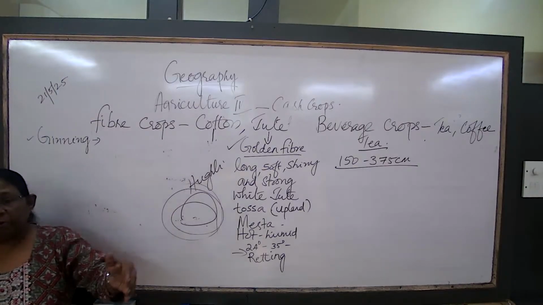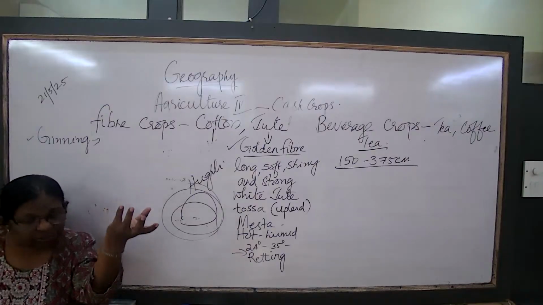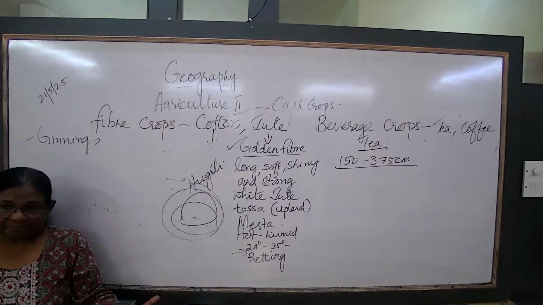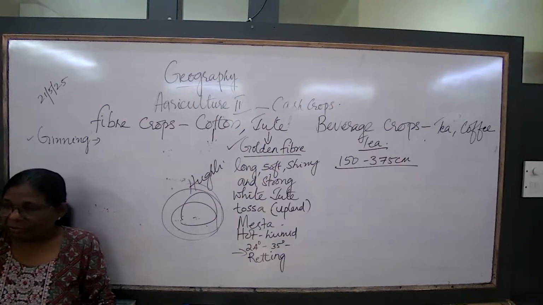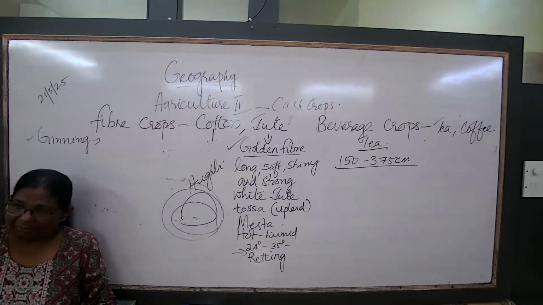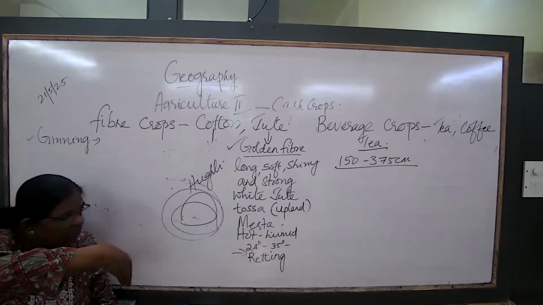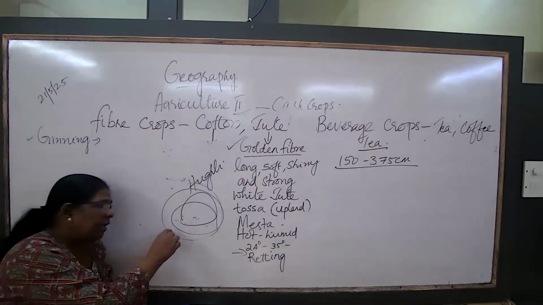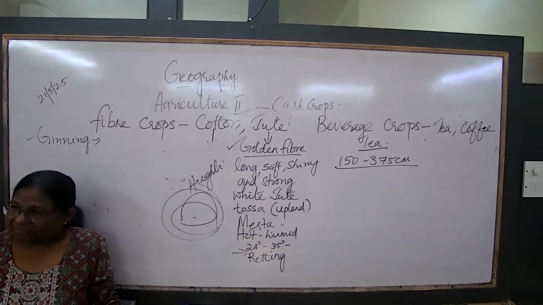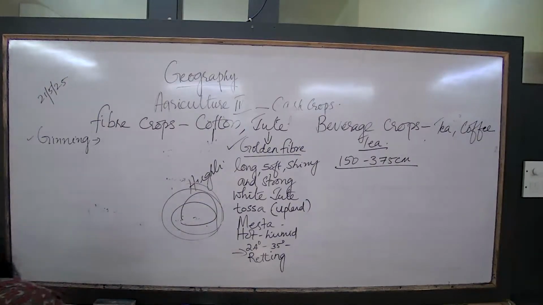In order to prevent waterlogging, and soil erosion also has to be prevented. Understood? The fertility of the soil has to be maintained, and at the same time soil erosion has to be prevented. So in a peculiar way, the tea bushes used to be planted. Clear?